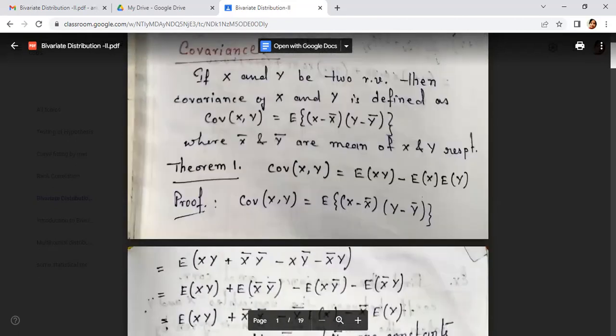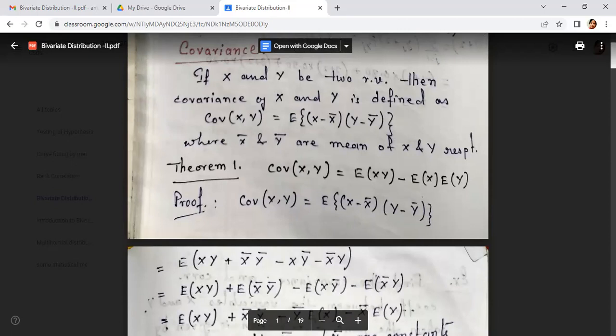Yes. The very first thing, as I told you, is correlation. The word covariance comes from correlation only. The covariance between the two random variables means we are finding how much they are related to each other, and there is a specific formula to obtain it.